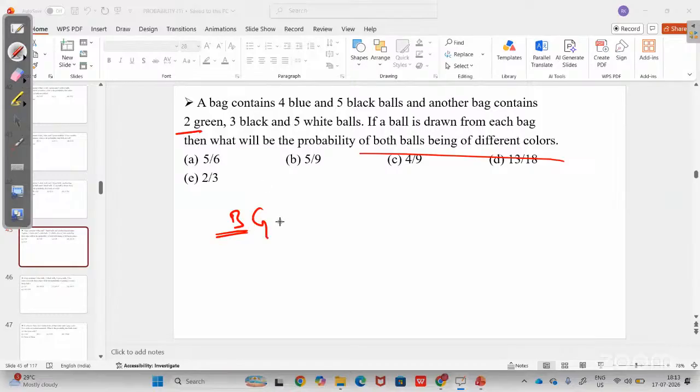Blue and green. Blue and black. Next will be blue and white.